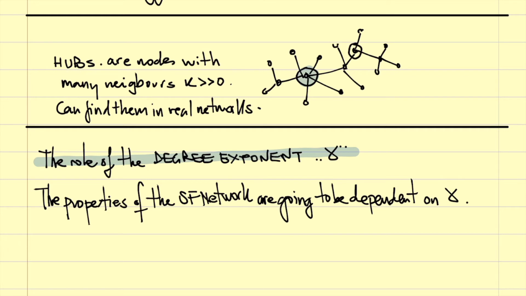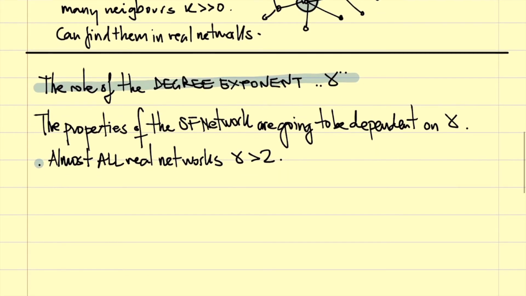So first thing you need to know is that almost all real networks have a gamma bigger than 2. Okay?